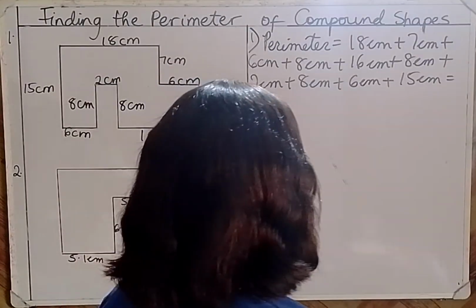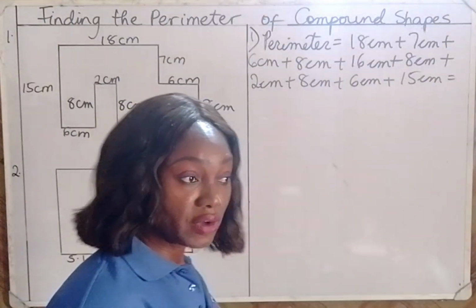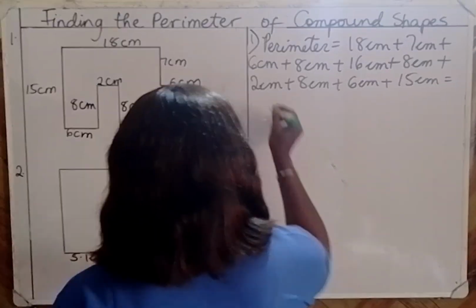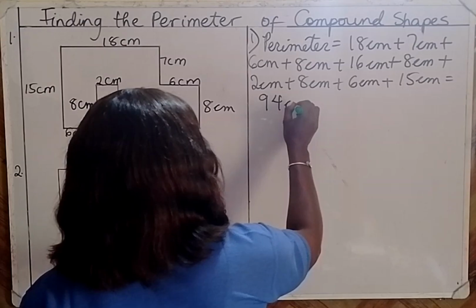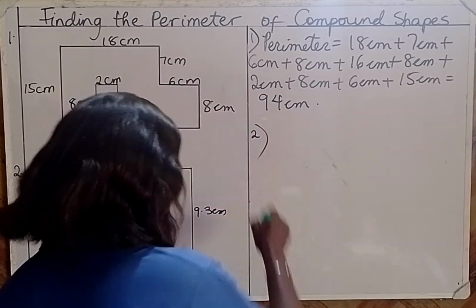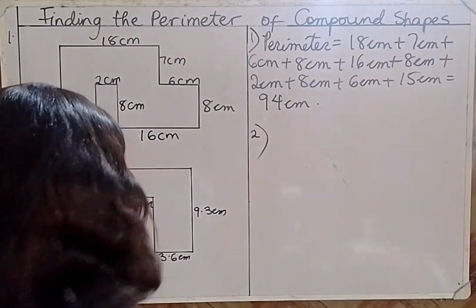So we're going to add all of these lengths together to find the perimeter, and that equals 94 centimeters.